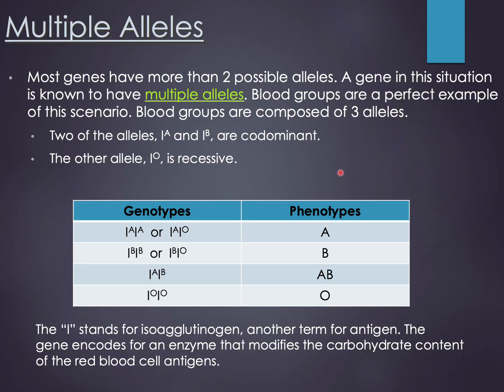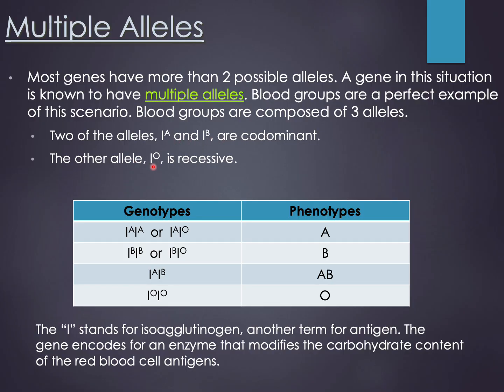Most genes have more than two possible alleles. A gene in this situation is known to have multiple alleles. Blood groups are a perfect example of this scenario. Blood groups are actually composed of 3 alleles. 2 of the alleles, you have capital I with the superscript capital A, and then you can have the capital I with the superscript capital B. These are codominant.